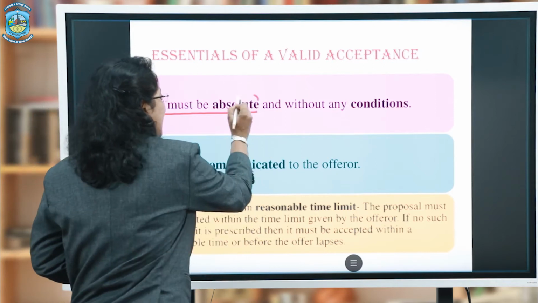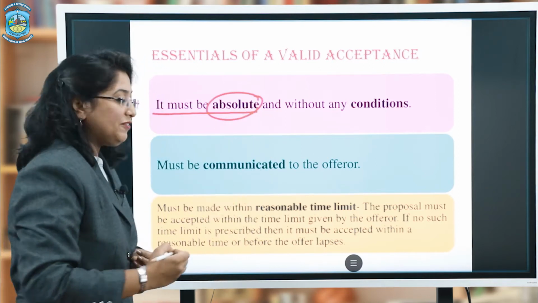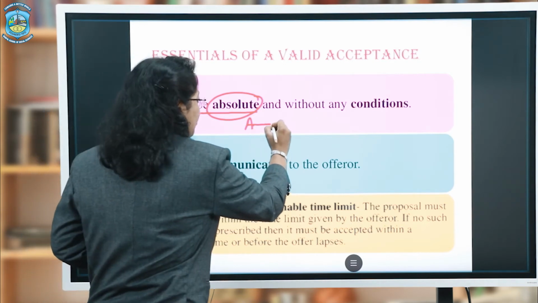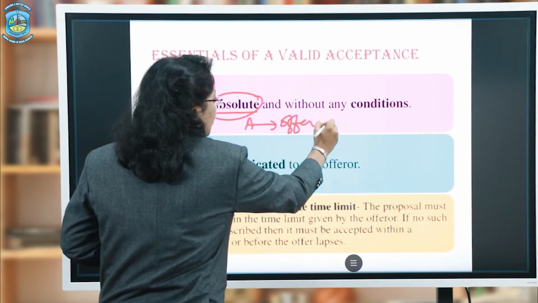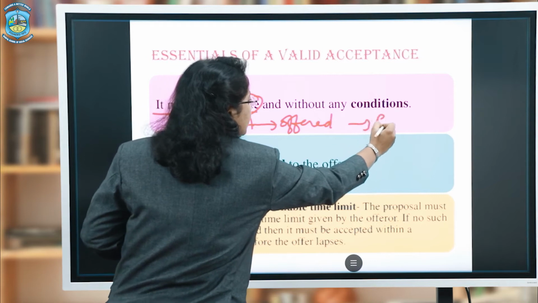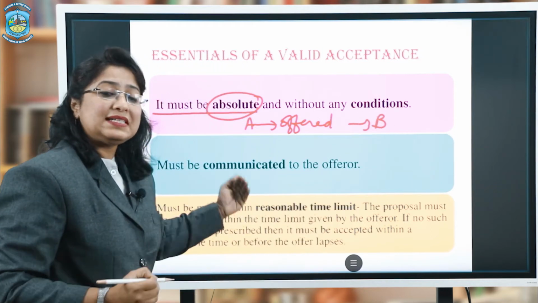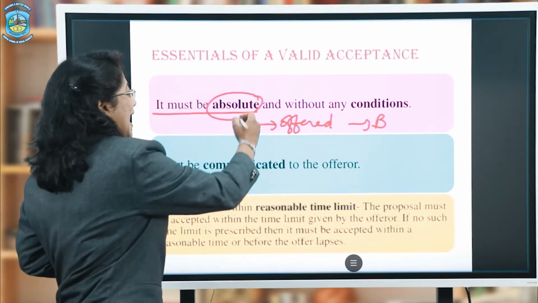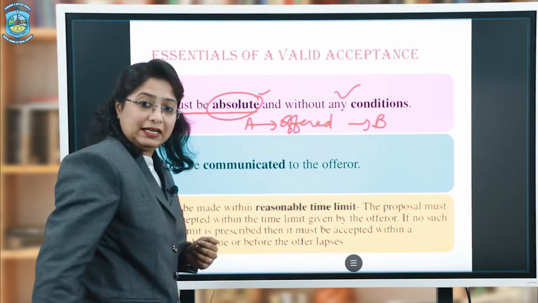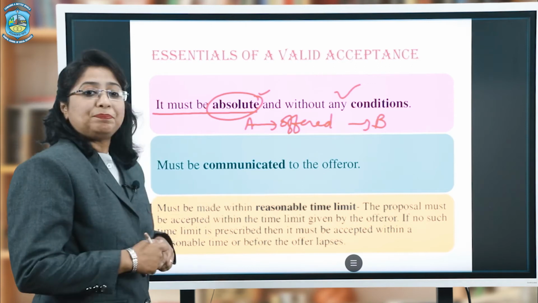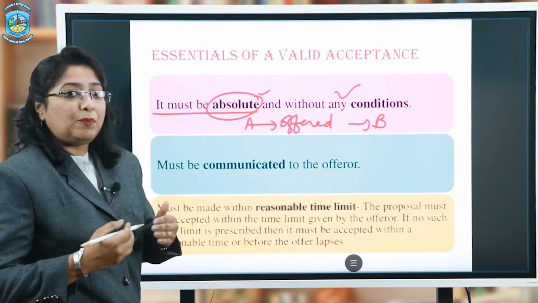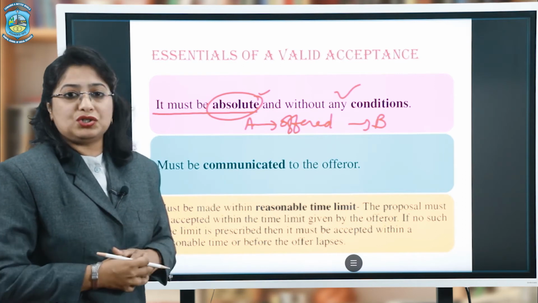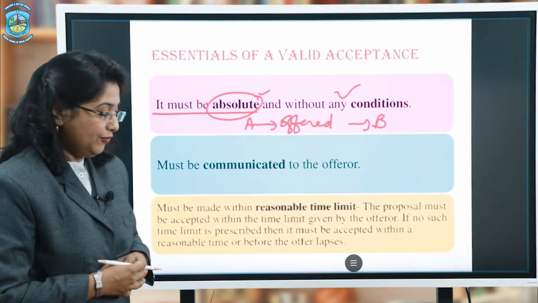So it has to be absolute, that is, whatever party A has specified or offered to B, B must accept the offer as it is. Then it will be absolute and without any conditions. Whereas if we come up with certain modifications, it will make the contract into a counter offer.